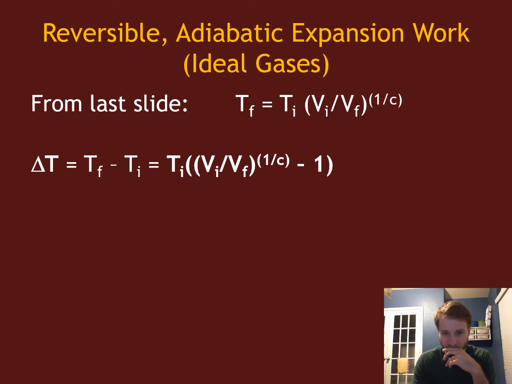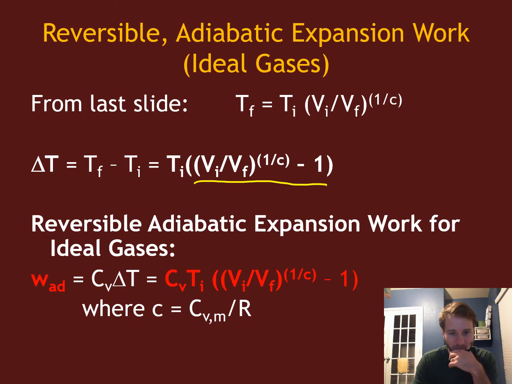All right. And if you want to, you could then calculate the change in temperature by taking final minus initial, and then you just get T initial times this ratio of volumes minus 1. And so then finally, the adiabatic work is that heat capacity, constant volume, times that change in temperature, which is given here. Now, I personally don't try to remember all of this, and you don't have to.